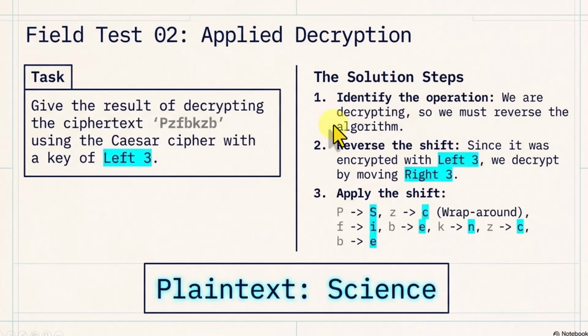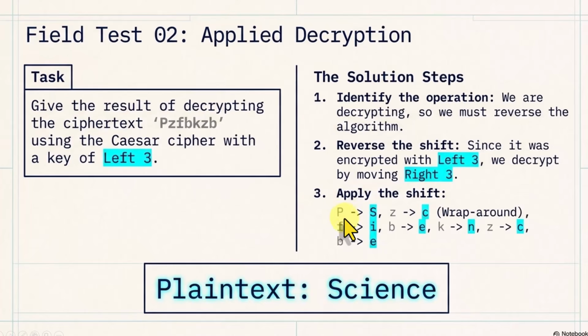For the solution, first of all, identify the operation. We are decrypting. We have the ciphertext and we want to find the plain text. So we must use the reverse algorithm. Then reverse the shift. Since it was encrypted with left 3, we decrypt by moving right 3.